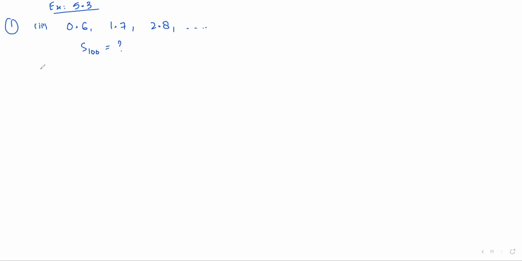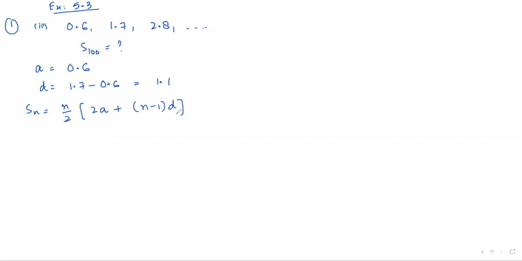Yes, ma'am. First of all, note down how much is your a. a is 0.6. Then how much is your d? That is 1.7 minus 0.6, so it should be 1.1, right? Okay. So write the formula. Sn is n by 2, then 2a plus n minus 1 into d.